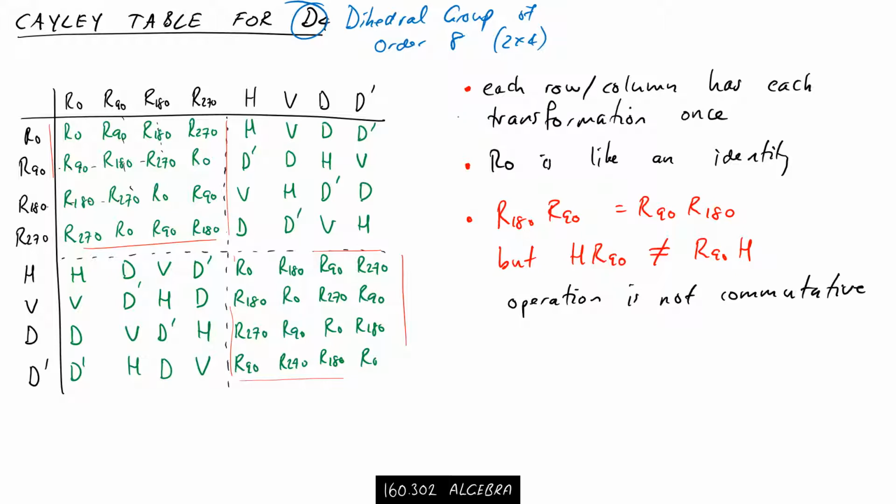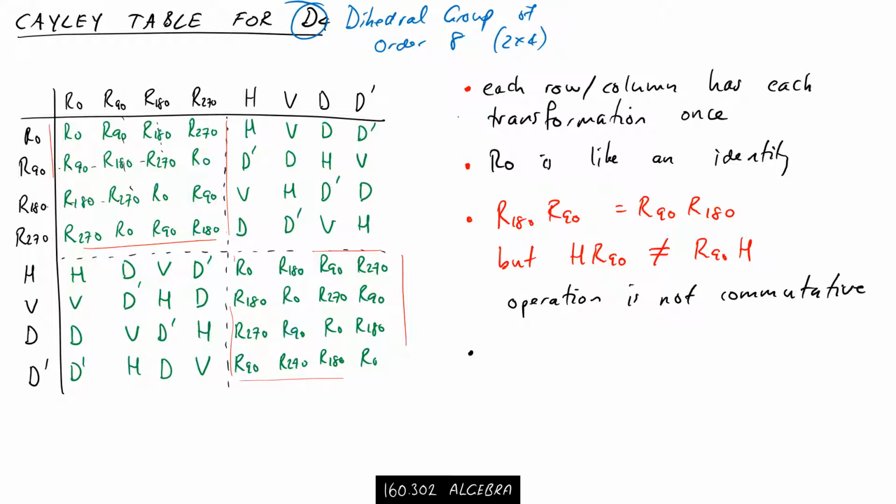If I take an element times another element and I get the identity, that means overall those two operations undo each other, and so one is the inverse of the other. The way that we see this in our table is that we have R0 in each row and in each column. So for example, if I take R90 followed by R270, I get R0. And so R90 undoes R270. It's the inverse of it.